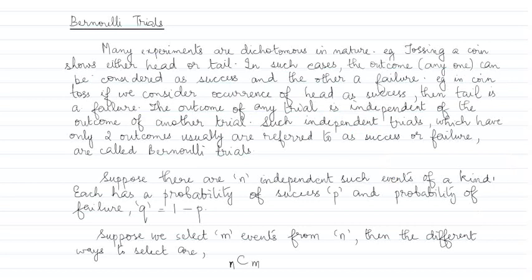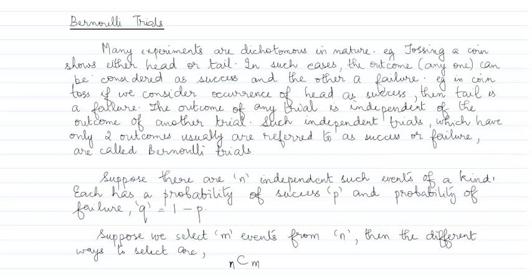There is either a success or a failure. In the case of a coin toss, there is no particular interest in the head alone. You can consider any one of the outcomes as a success, then the other outcome can be treated as a failure.